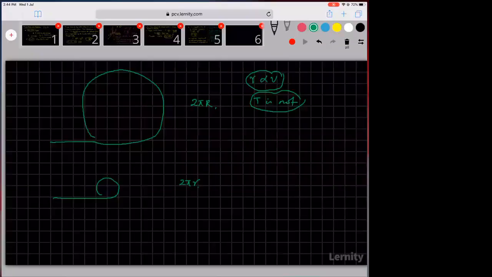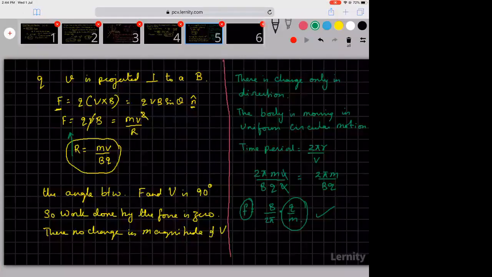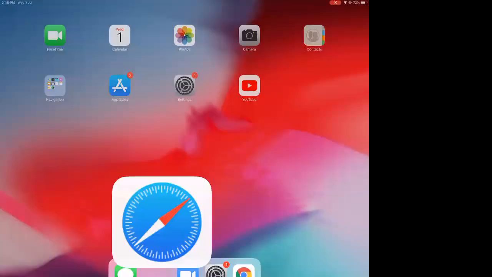Most of you please try to write some notes. Don't just listen and take snapshots. You please try to write some notes, then you will understand it better. Okay, so are you able to understand this?